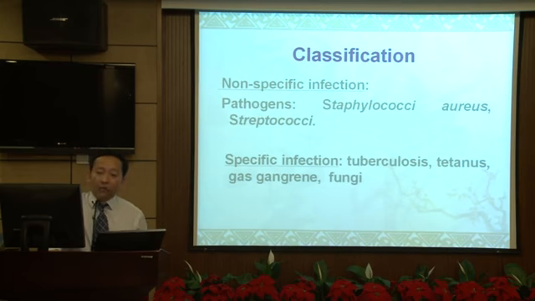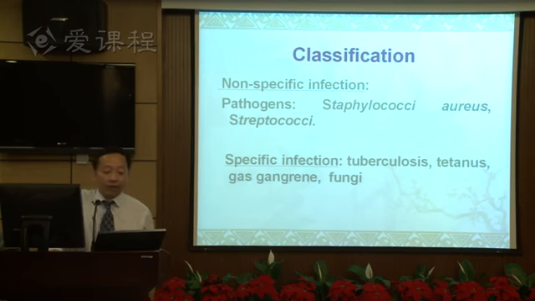The pathogens of non-specific infection may be Staphylococcus aureus or Streptococcus. The other infections, for example tuberculosis, tetanus, gas gangrene, and fungal infections, are specific infections. When certain bacteria or pathogens cause one particular disease, this means specific infection.